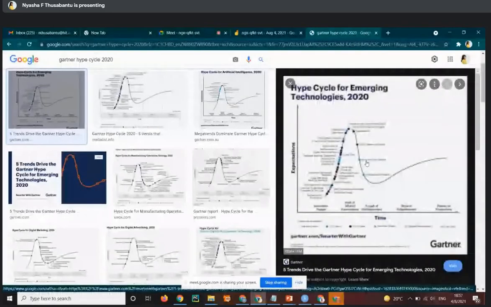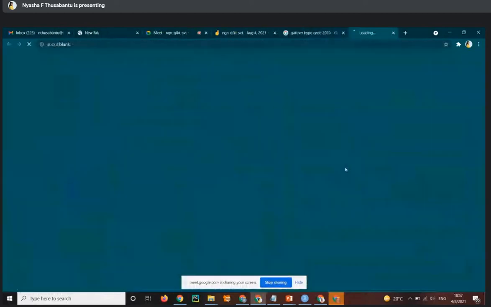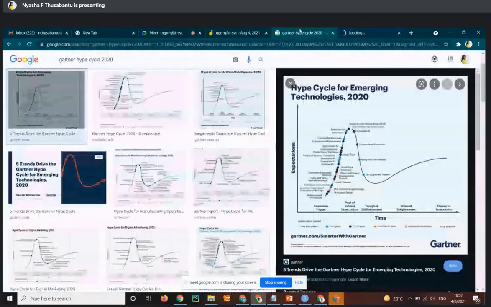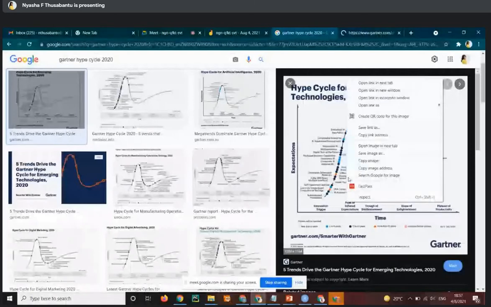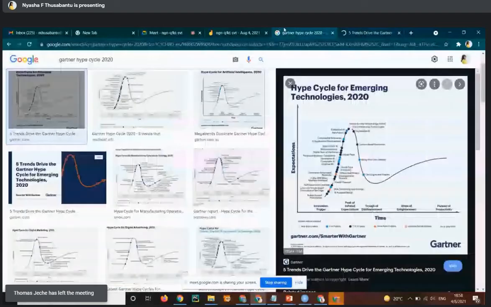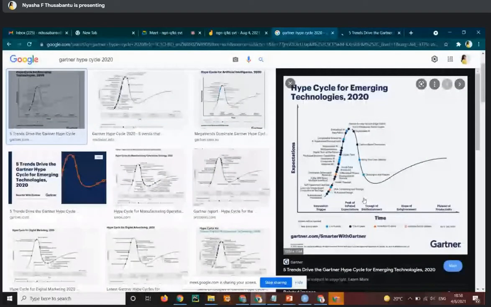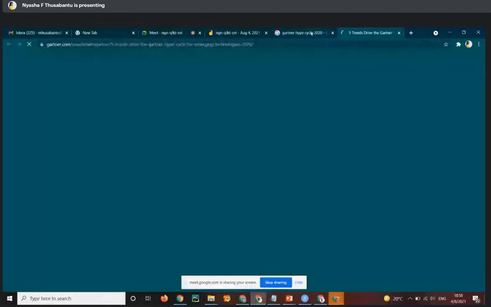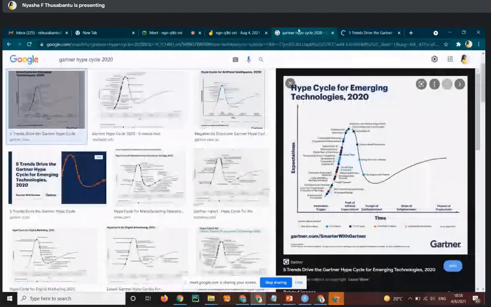This is the Gartner hype chart for emerging technologies. If you have a stable internet connection, you can just check that on your phone or after this.